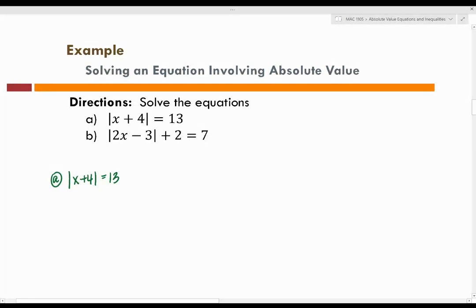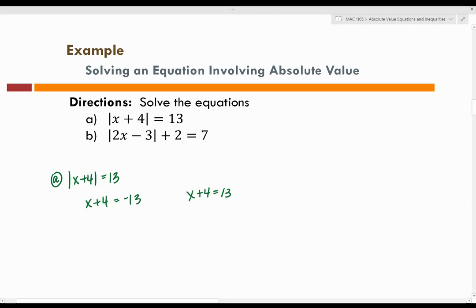Okay? Now, we're going to drop the absolute value bars. When we do, we're going to set the expression equal to its negative answer and its positive answer. Notice when we do this, whatever was in the absolute value bars stayed exactly the way that it was. Okay? Now, we're going to solve the equation like normal. So the goal is to get x by itself.